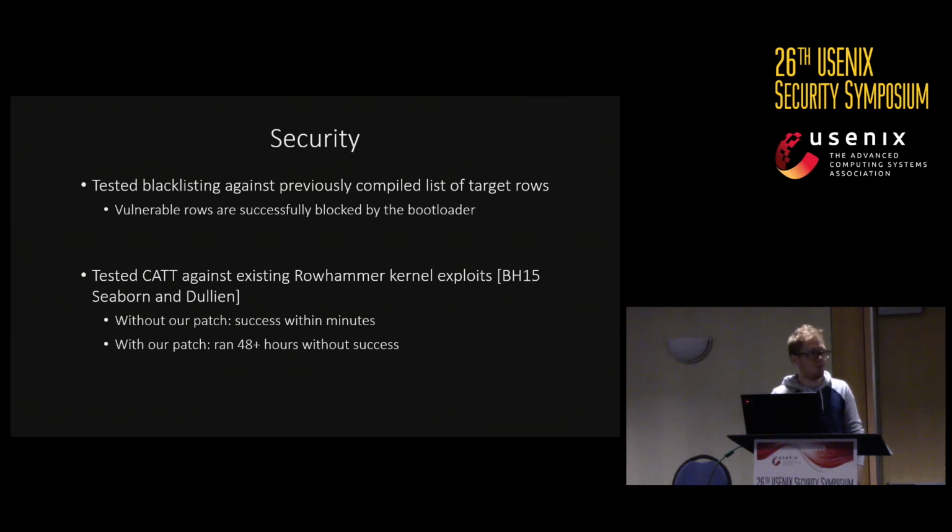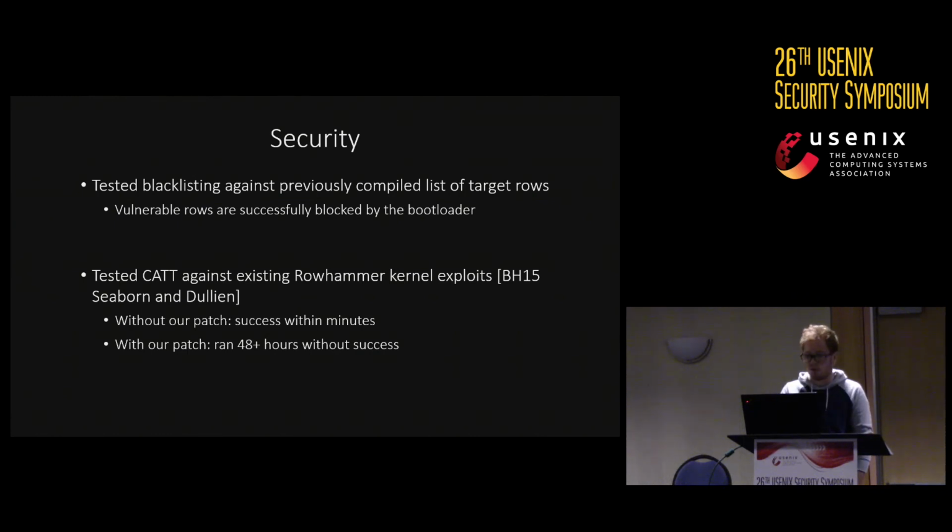So the rowhammer exploit no longer worked when we gave it this list of vulnerable rows to blacklist, because they were no longer available for the exploited runtime, and hence it could not be exploited. And we also verified that the exploit was successful against our systems with the vanilla kernel for the CATT approach. We then repeated the procedure several times, and usually the exploit would succeed within a couple of minutes.